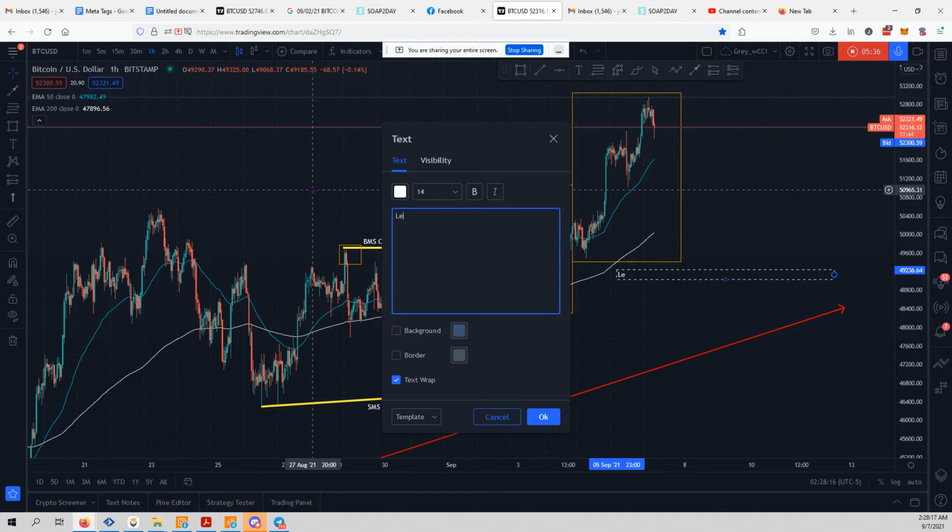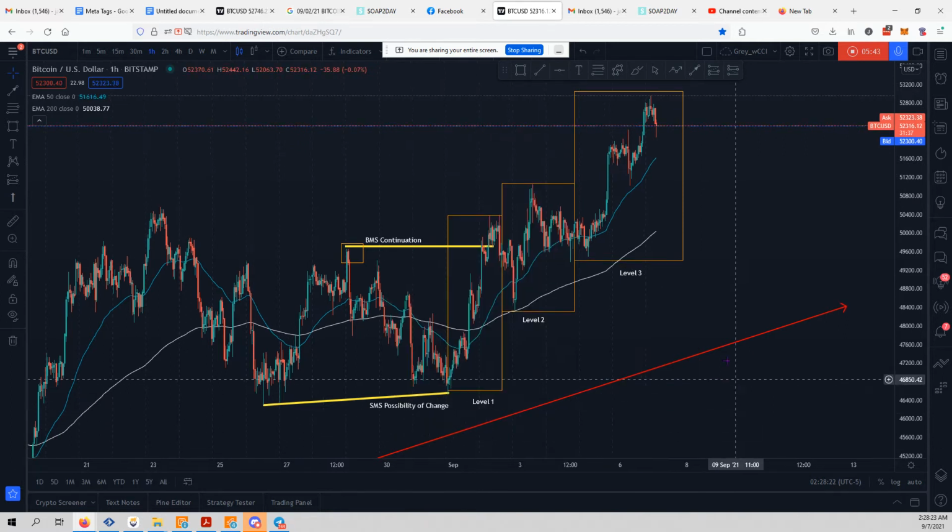So that's how I use it when I'm reading the levels. Now, the other way that I utilize the EMAs is price will bounce off of the EMA.